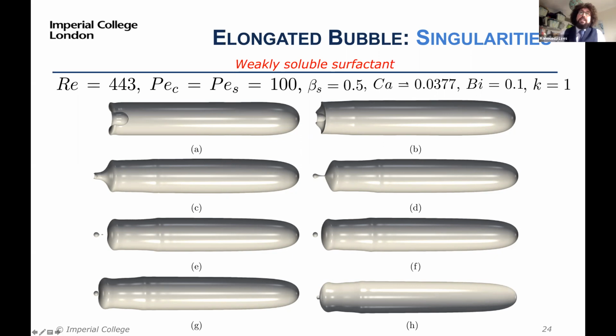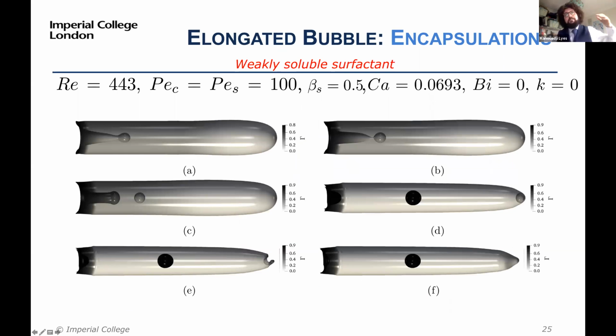But when you vary the capillary number, we can also obtain more intriguing phenomena, which is a droplet encapsulated inside the elongated bubble. Here you see the amount of surfactant that is provided, and this droplet will go forward, knock the nose here and burst, and then you'll have a type of coalescence, a droplet inside the bubble coalescing with the liquid environment outside.